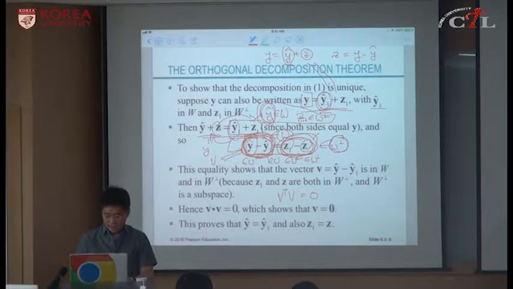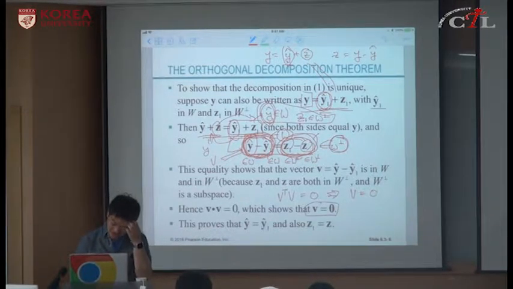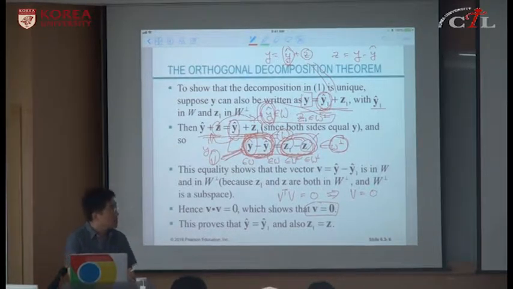Okay, and then we know that the inner product of the same vector is 0, and then that vector should be just a 0 vector, right? And that means it should be just a 0 vector, and thus y hat should be y1 hat.